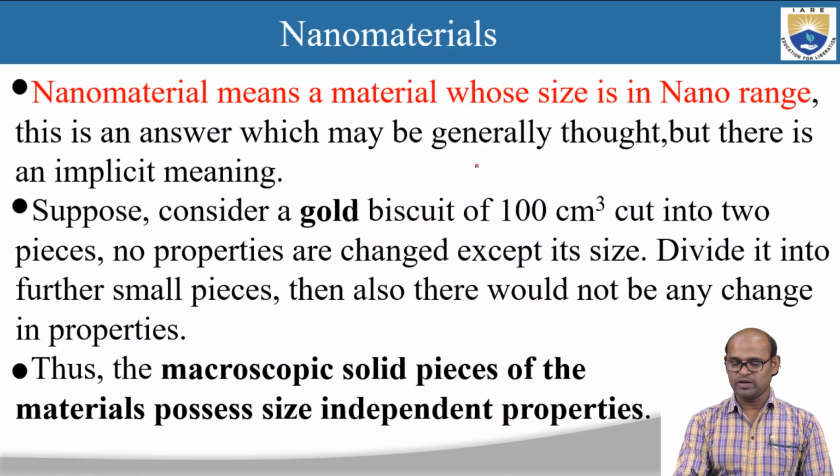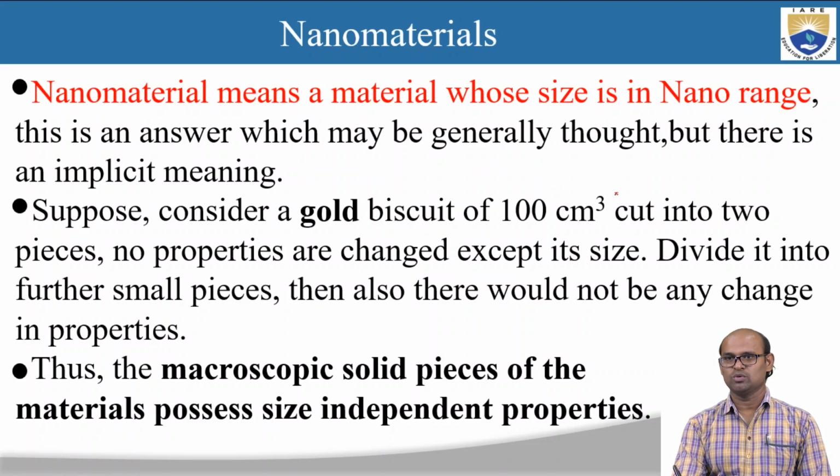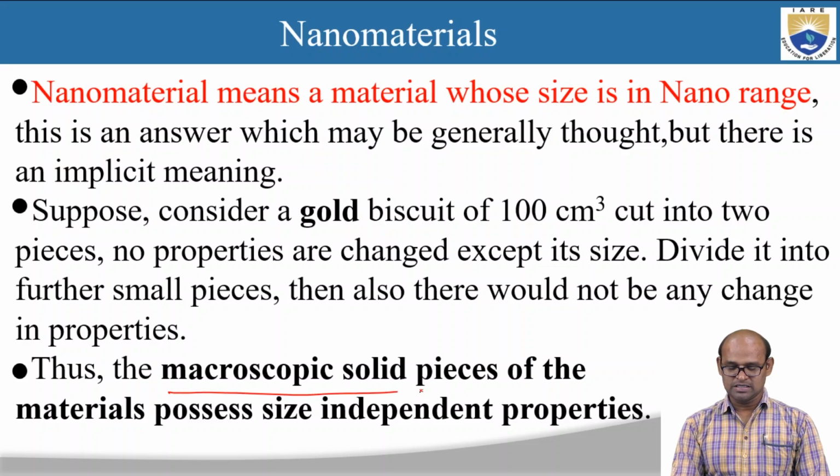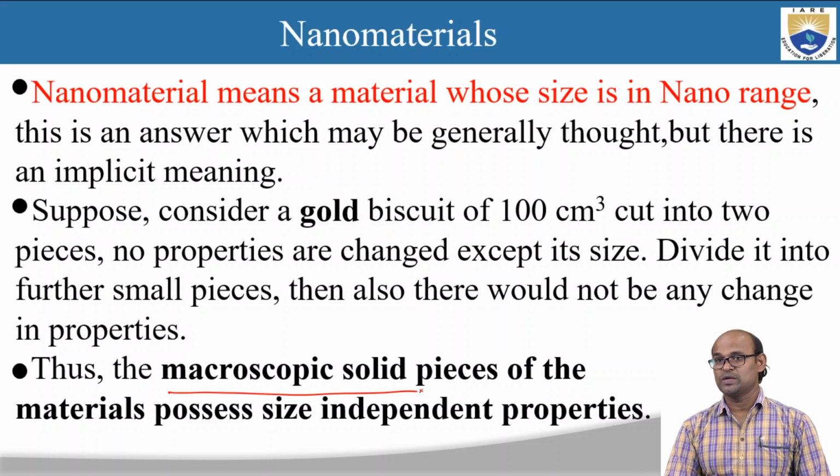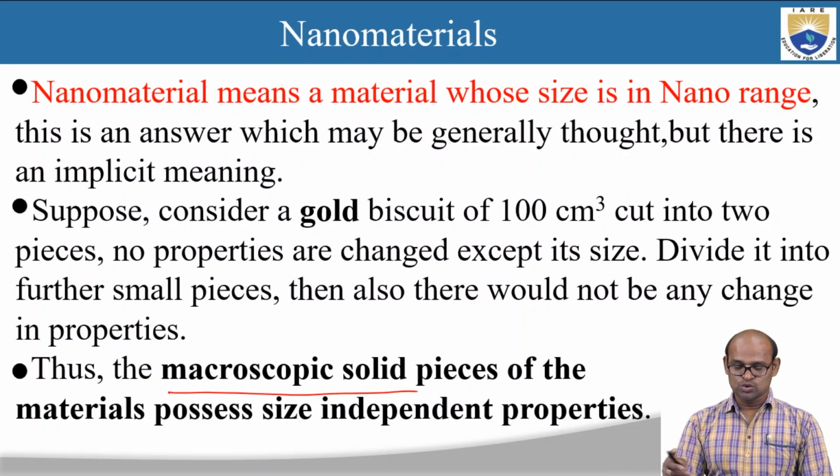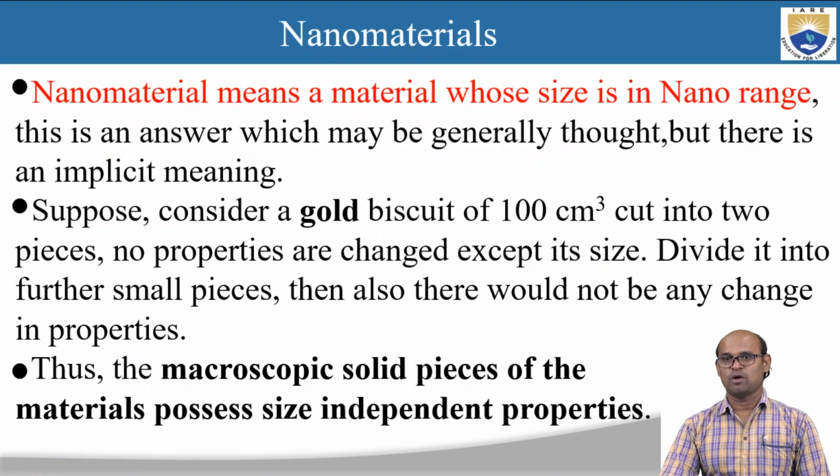So the macroscopic solid pieces of the material possess size independent properties. When we cut this 100 centimeter cube into 50 centimeter cube, 25 centimeter cube, and then 12.5 centimeter cube, all these are in the centimeter range. That is why we call this gold biscuit a macroscopic solid piece. These macroscopic solid pieces of materials do not change their properties.